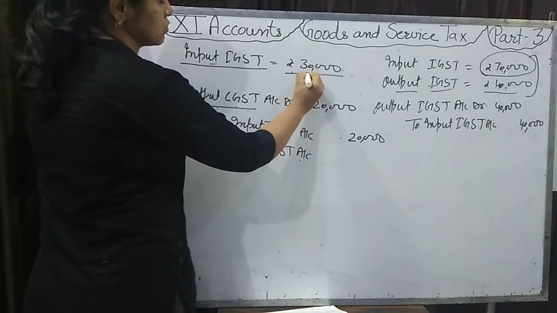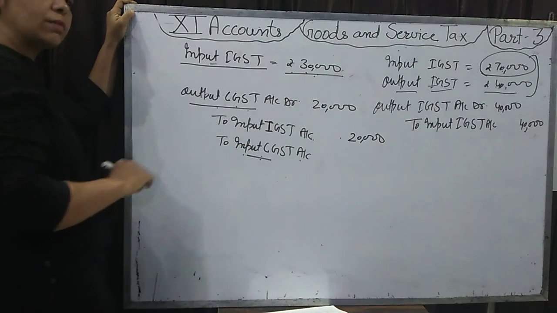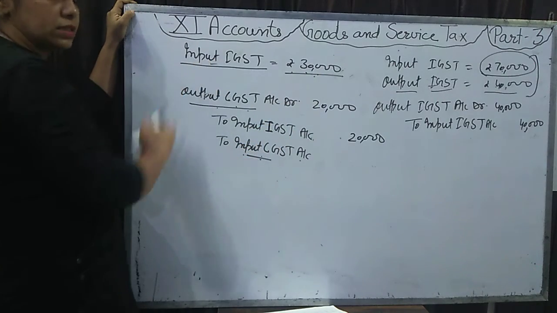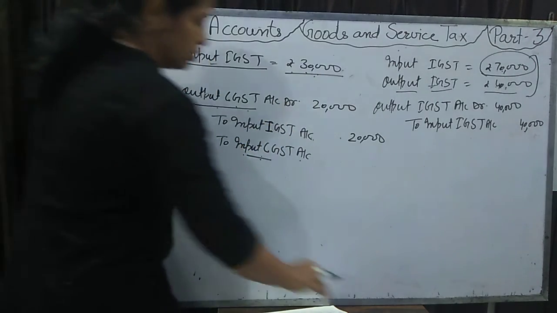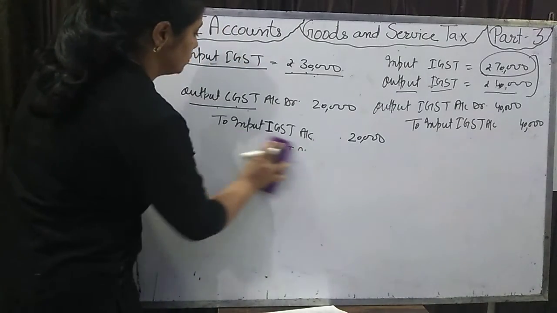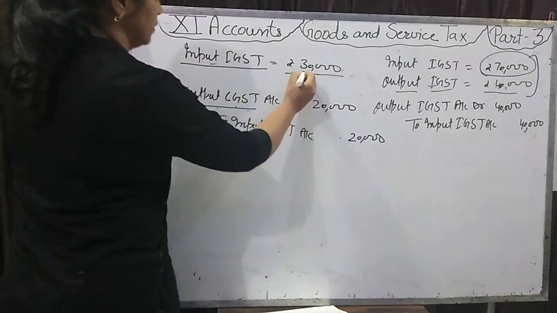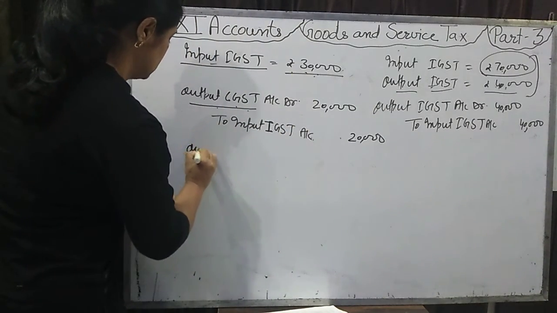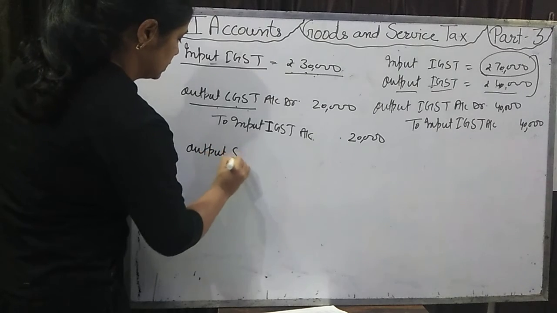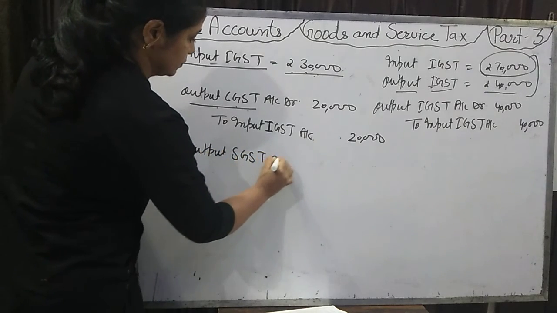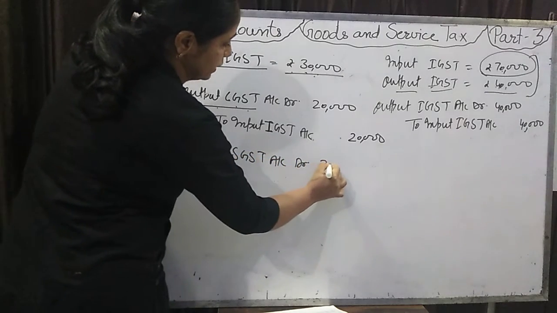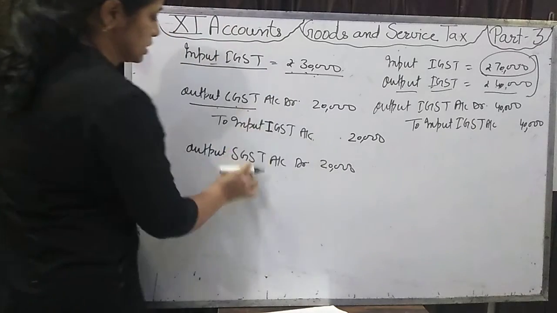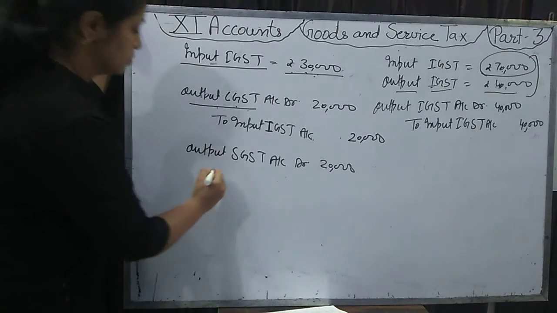After adjusting this 20,000, 10,000 is still remaining in input IGST. So from this 10,000 we will adjust the output SGST. SGST will also be 20,000 because CGST and SGST are always the same amount.